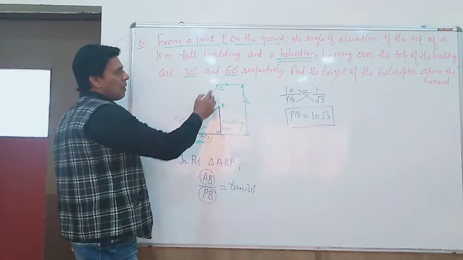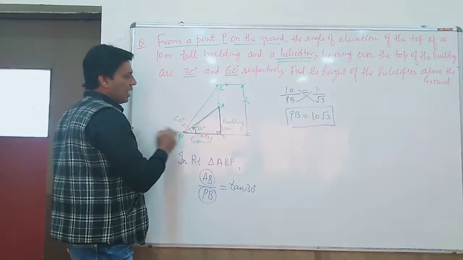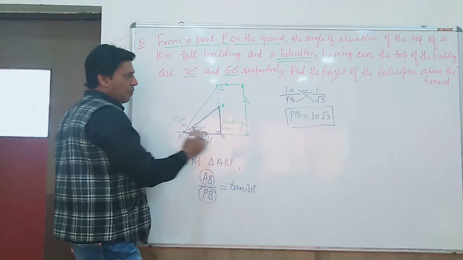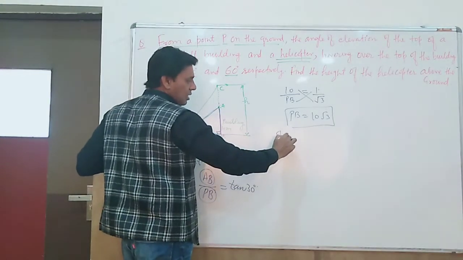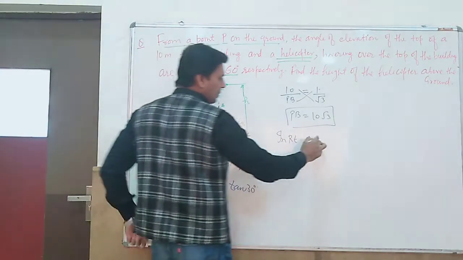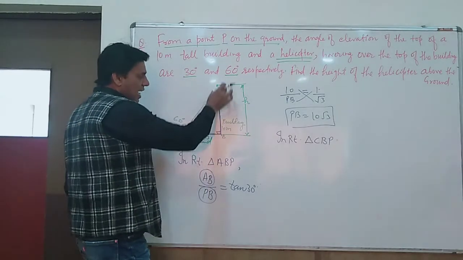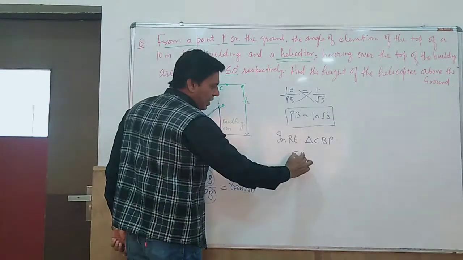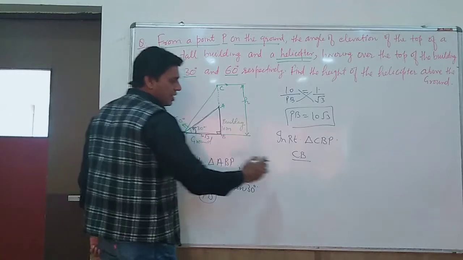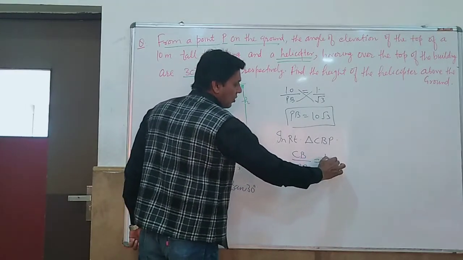Now come to the bigger triangle, which is CBP. In right triangle CBP, again CB is the perpendicular and PB is the base, and perpendicular upon base is tan of the angle.